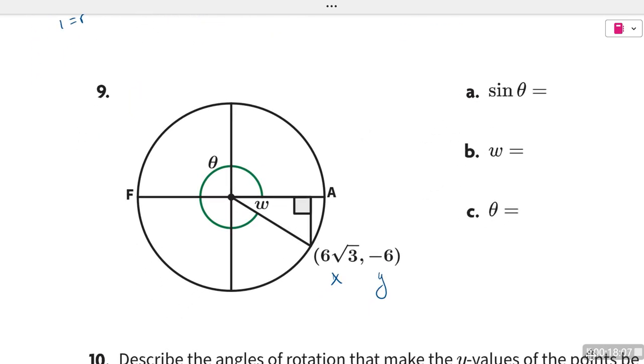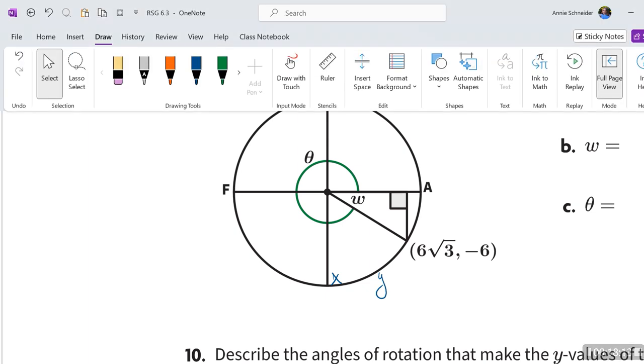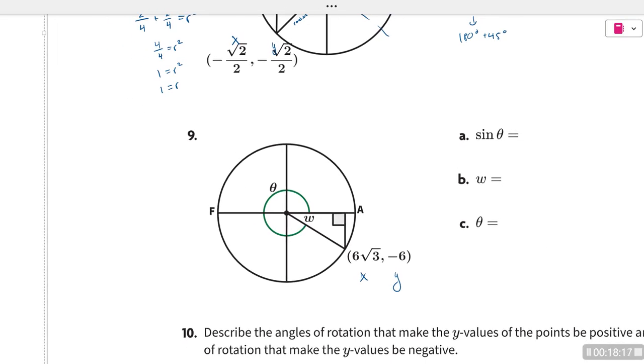So again, we're seeing some special right triangle ratios there. But if we want to solve for r squared, we can do that. So we have 6 root 3 squared plus negative 6 squared is going to give us our radius squared.